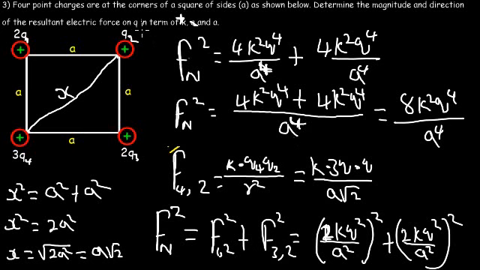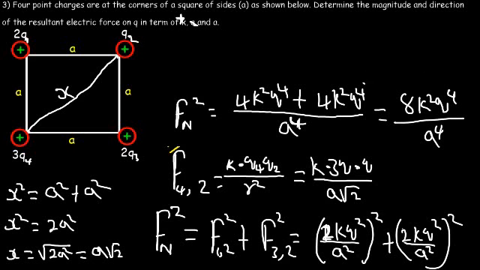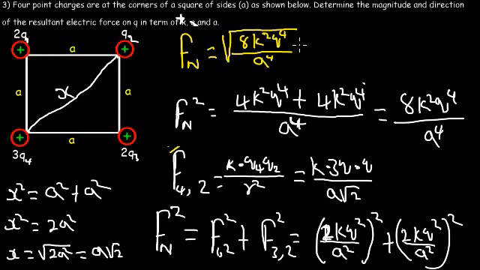So what I'm going to do next is to take the square root of both sides. And I should have f sub n equal to the square root of 8k squared q raised to the 4 over a raised to the 4.